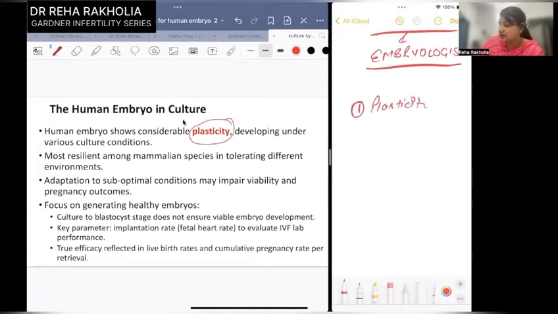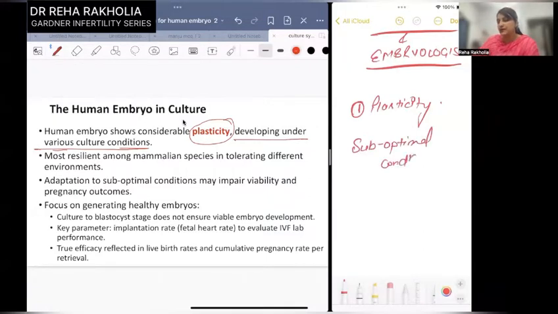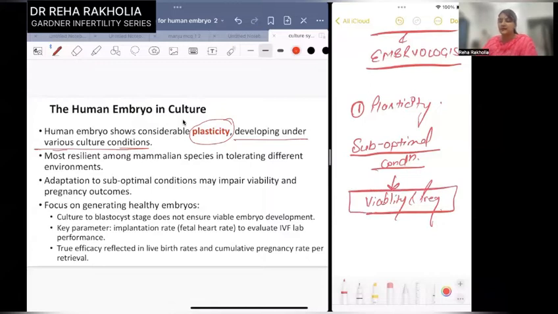What does that mean? It can develop under various culture conditions. Then if we give suboptimal conditions, this may impair viability and pregnancy outcome. Okay, viability and pregnancy outcome may get impaired because of suboptimal conditions.